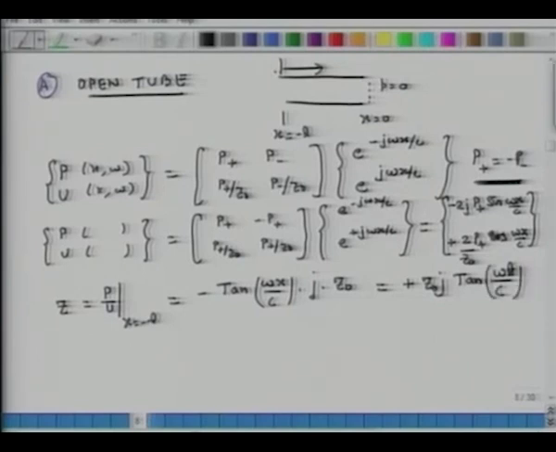I'm taking the minus sign out, and that eliminates the negative sign. I'm putting x equals minus L here.